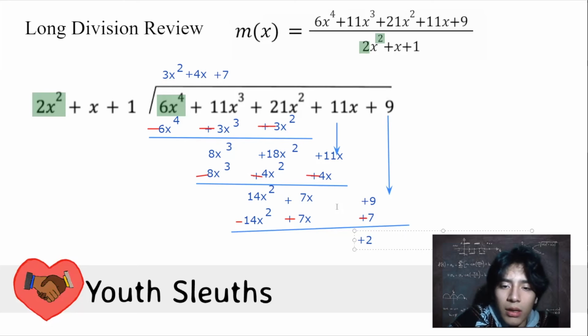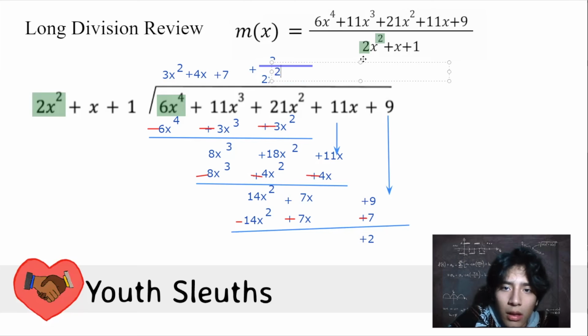And now our remainder is +2, and how we write that is, up here we do plus, since it is a plus, and then 2 over my divisor, 2x squared plus x plus 1. And that is how you do long division.